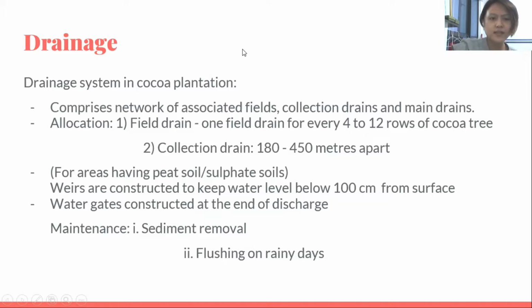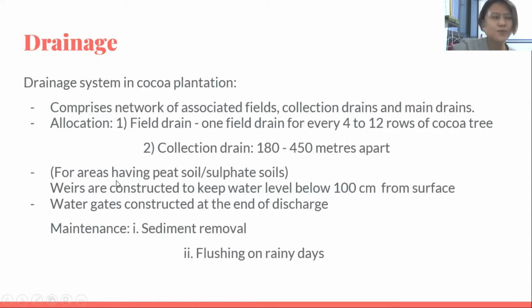The drainage system in a cocoa plantation comprises a network of field drains, collection drains, and main drains. We have one field drain for every 4 to 12 rows of cocoa trees, and the collection drains are placed 180 to 450 meters apart.